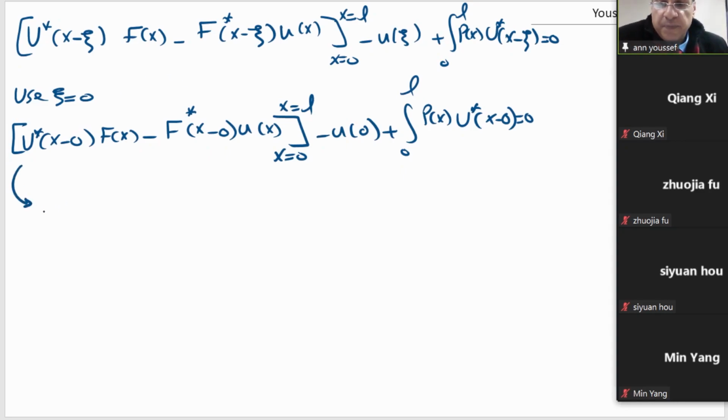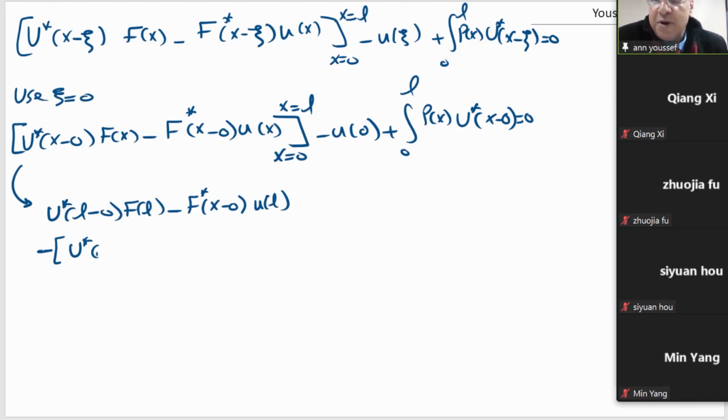So from here we have u asterisk of L, substituting with the upper point, minus 0 times f of L minus f asterisk of x minus 0 times u of L. This is the upper limit, and then the lower limit: u asterisk of 0 minus 0 times f of 0 minus f asterisk of 0 minus 0 times u of 0.